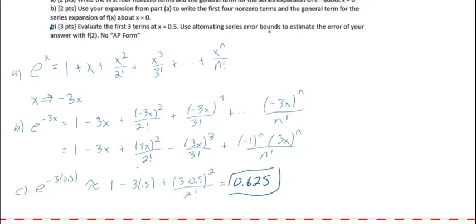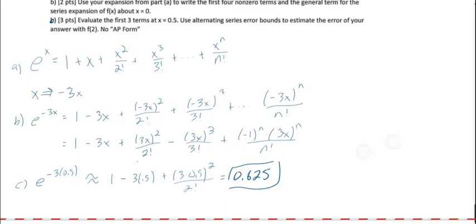All right, so the last part. Use alternating series error bound to estimate the error of your answer of f. Hold on a second. There's a little typo here. This should say not f of 2, f of 0.5. So we want to use alternating series error bound to say how close this is to the actual f of 0.5. So what are we going to do?